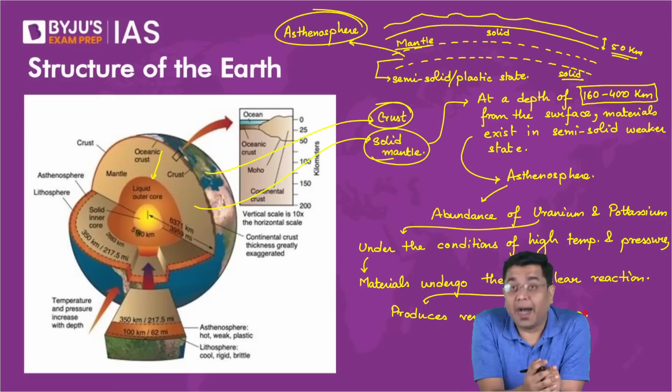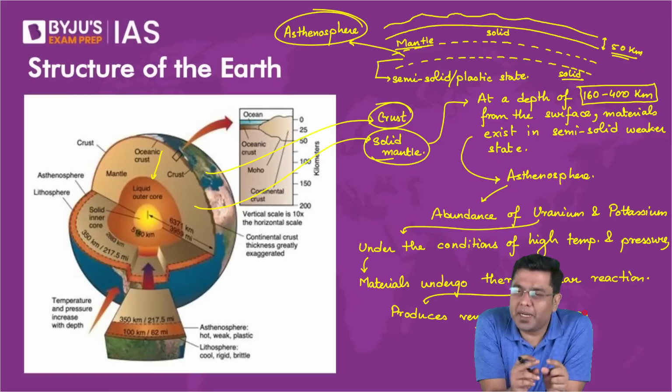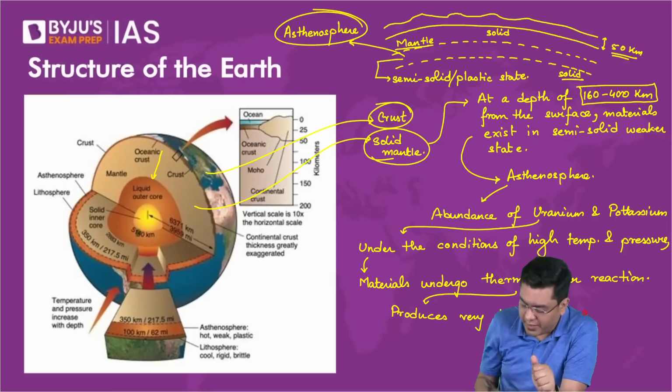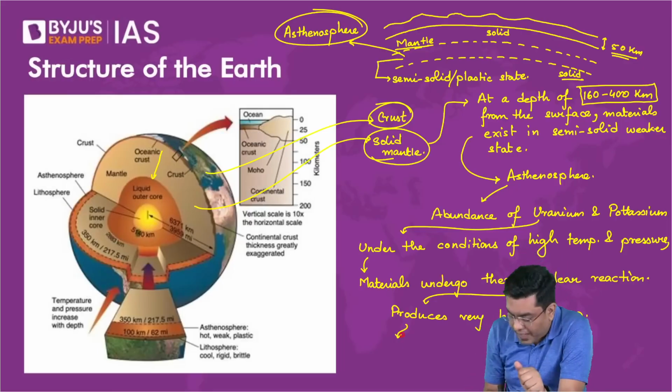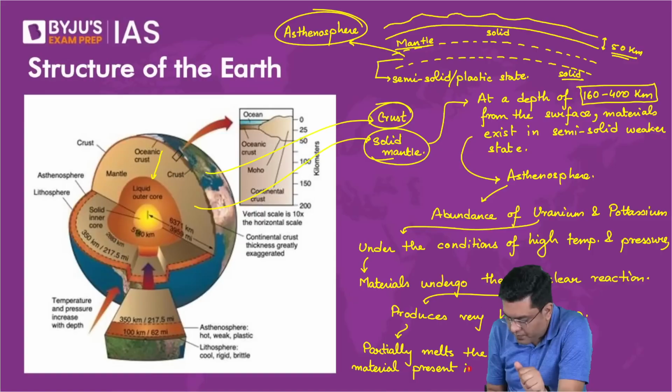And that very high temperature which is produced in that region ends up partially melting the material present in the region.